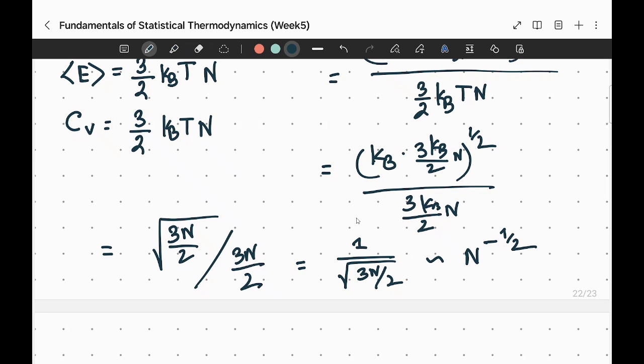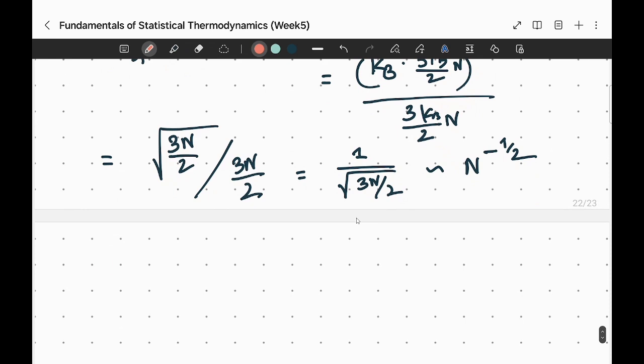So you can see why I changed it from KB to N, because now if N is a very small number of molecules, then this fluctuation may matter. If, let's say, N is 10, then the fluctuation will be around 10 to the power minus half, means 1 by root over 10, or instead of 10, 9.